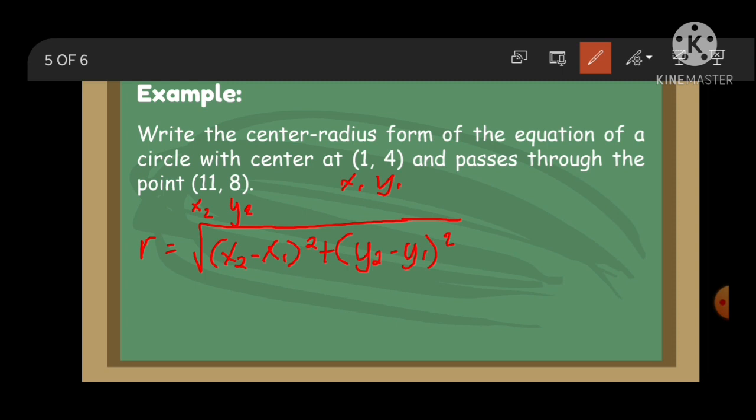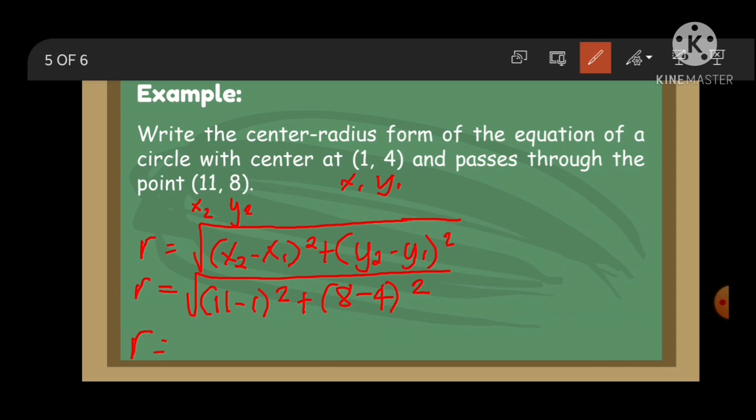Then let us substitute the given values. So we have the square root of (11 - 1)² + (8 - 4)². Then now we are going to simplify.